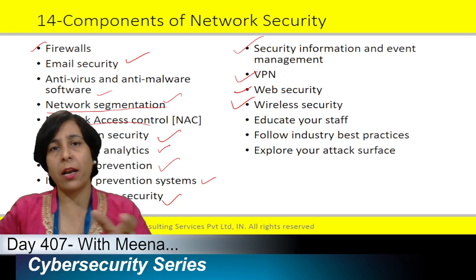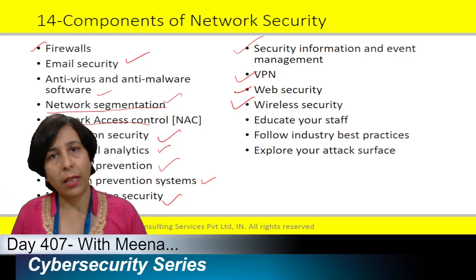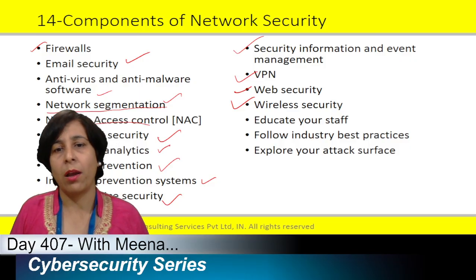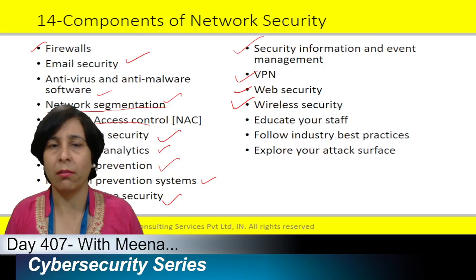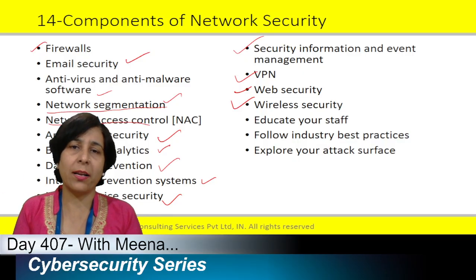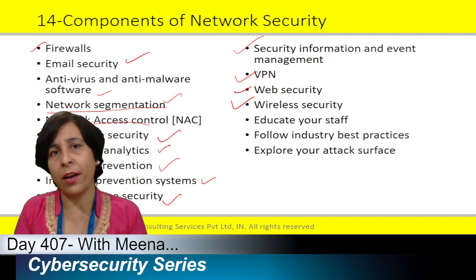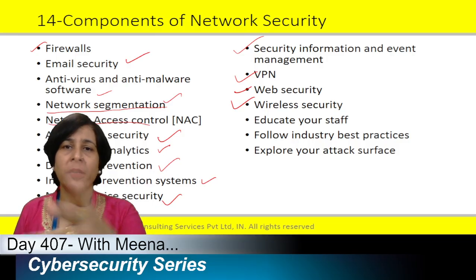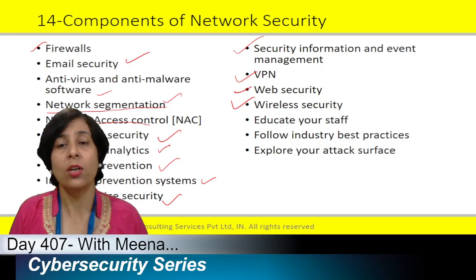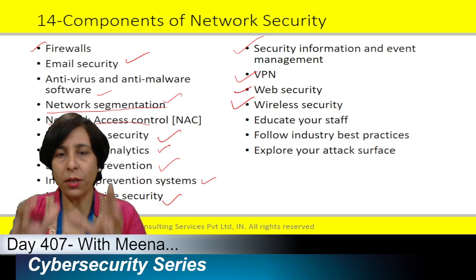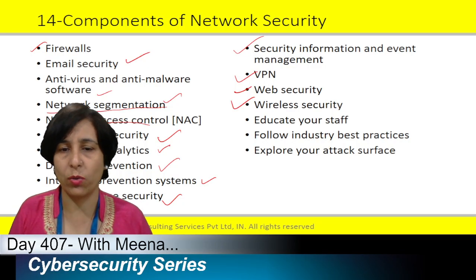Okay, and when our employee connects to it, they might be using the wrong wireless device and can give away their credentials. Or if we are not using wireless security properly in our own network, then definitely anyone can break it and enter our network. So give solid concern to wireless security as well.